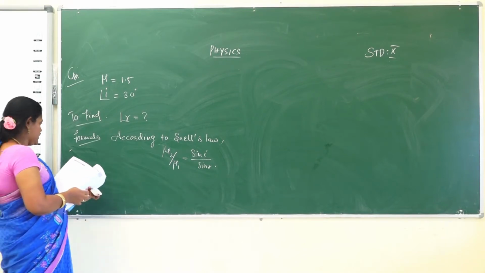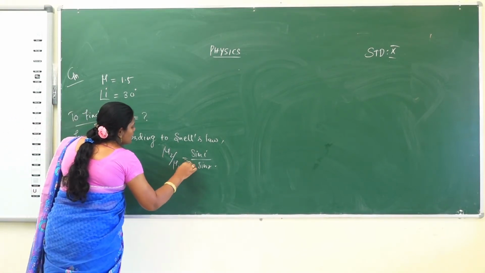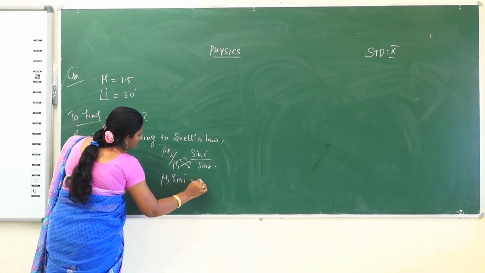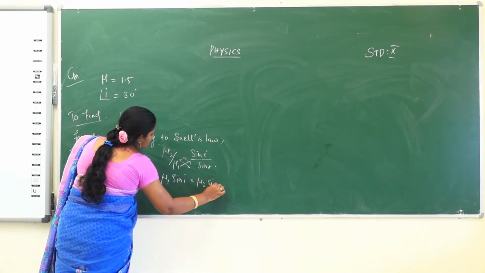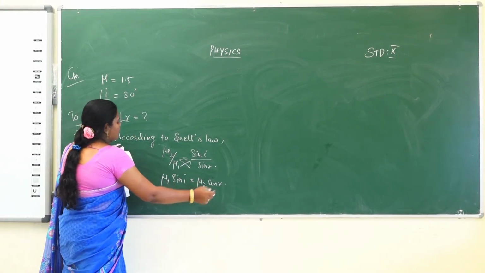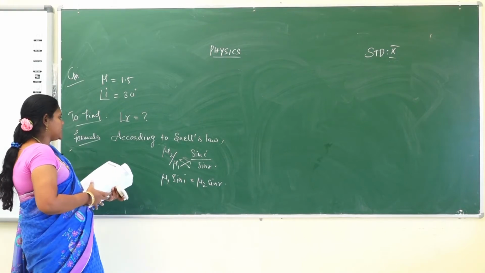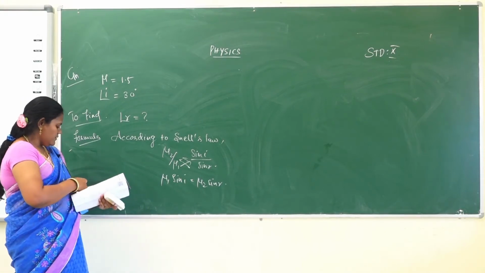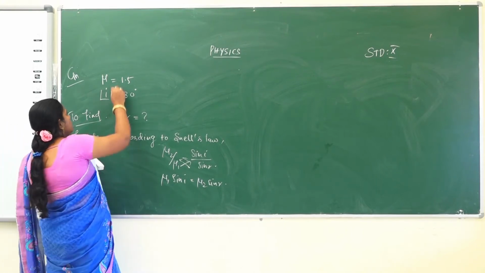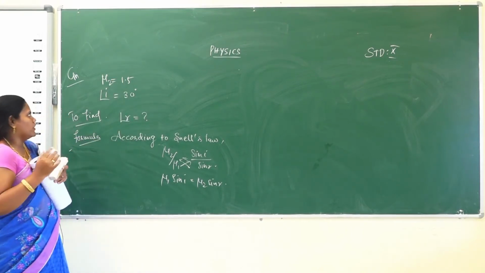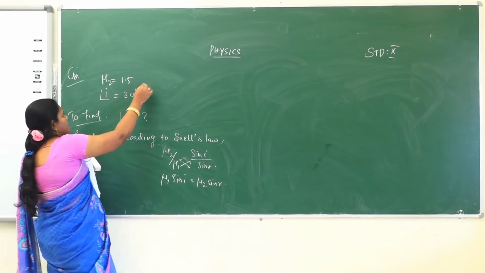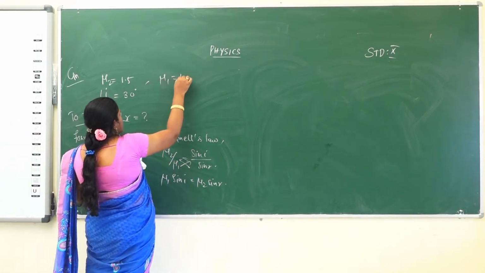So it will be mu1 sin i is equal to mu2 sin r. What do we want? That is r, the angle of refraction. Then mu1 is the air medium, and mu2 is the given refractive index value for glass, mu2 is equal to 1.5. But for air, mu1 is equal to 1.